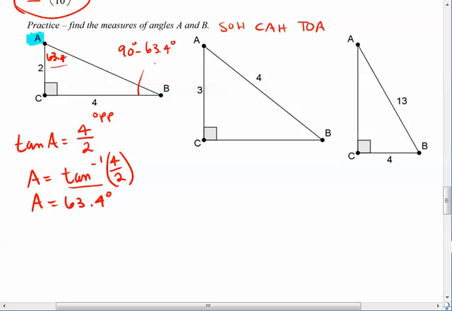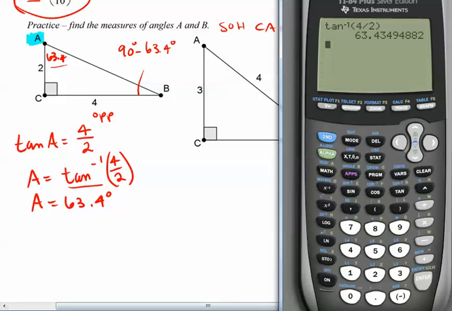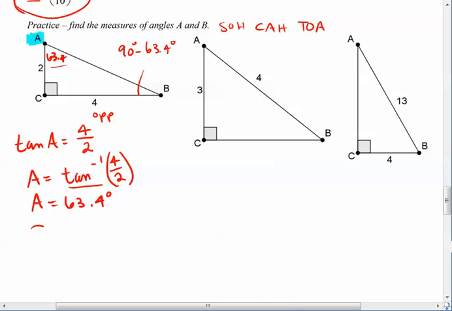And we know that the two acute angles in a right triangle are complements. So I can do 90, and rather than have to type all that stuff again, you can just hit the second button, and then down here where the negative sign is, answer, and you get 26.6. B equals 26.6.